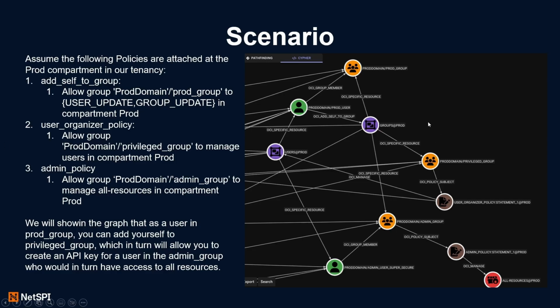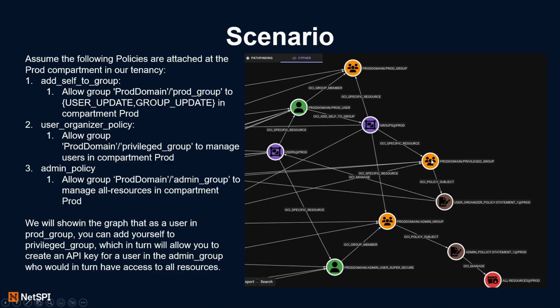From a pen testing perspective, we're going to look at this like we are the prod user here, right, in the top left. So this prod user, they have the ability to add themselves to any group in compartment prod, right? So that's that edge. And then the privileged group is within that category, right? So you can add yourself to any group. The privileged group is part of a group, so starting from here to there to there.